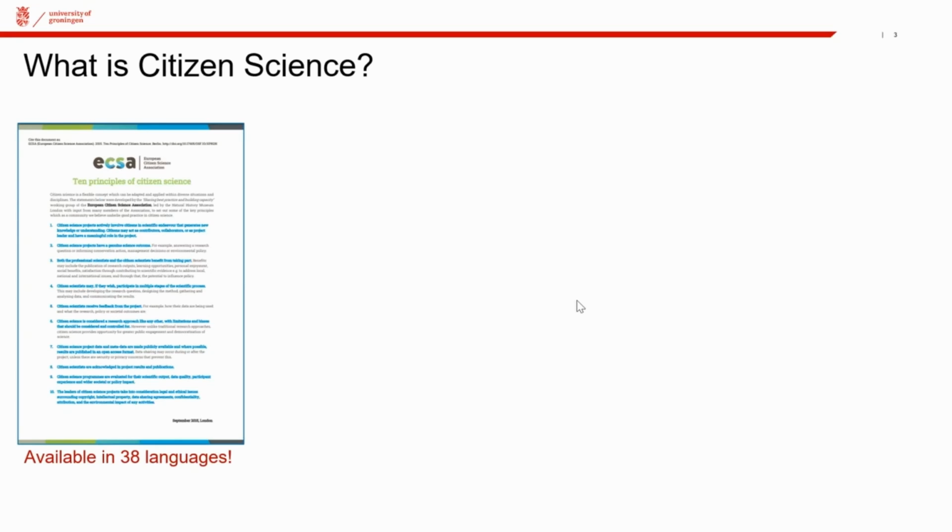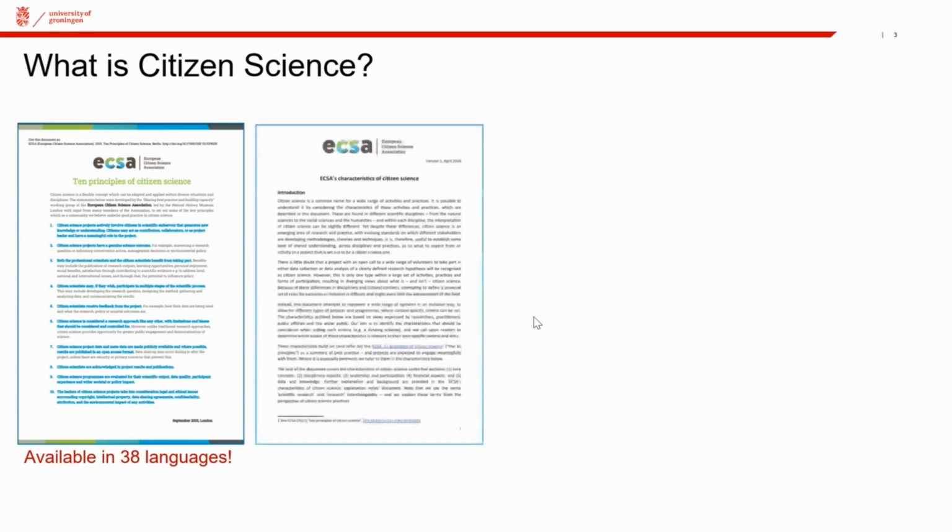It's all about inclusion of the general public in the scientific research process, but then there are things that we would like to see in a genuine citizen science project, and these 10 principles, which I'm not going to go through, and they're available in 38 languages, clarify a little bit what we mean when we say something is citizen science or not.